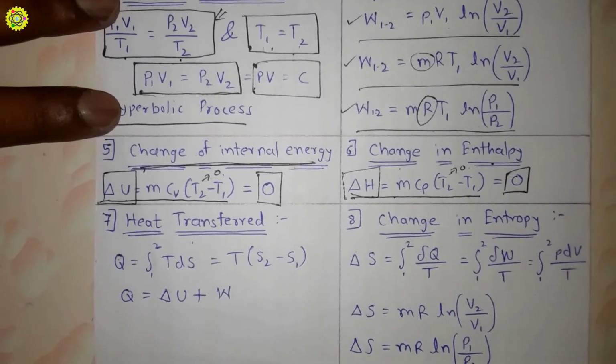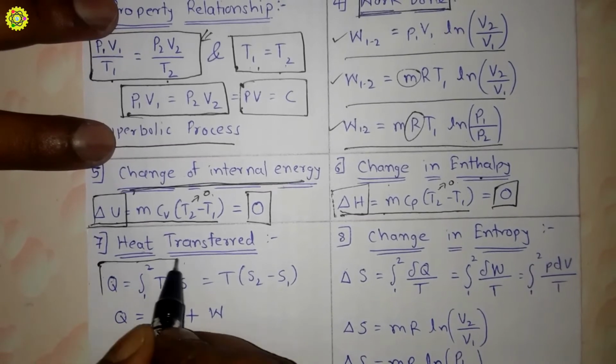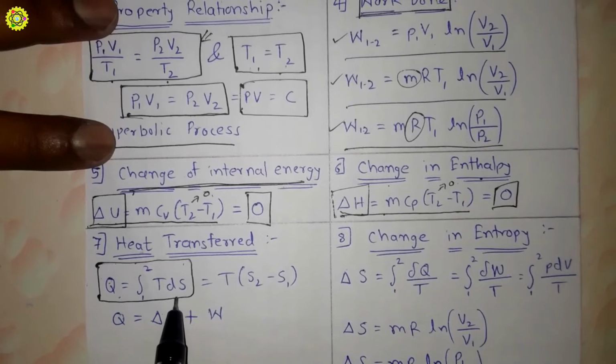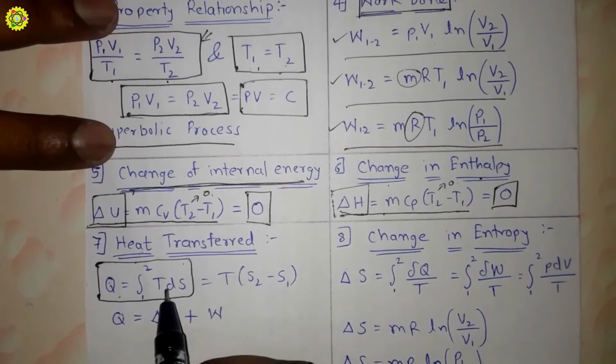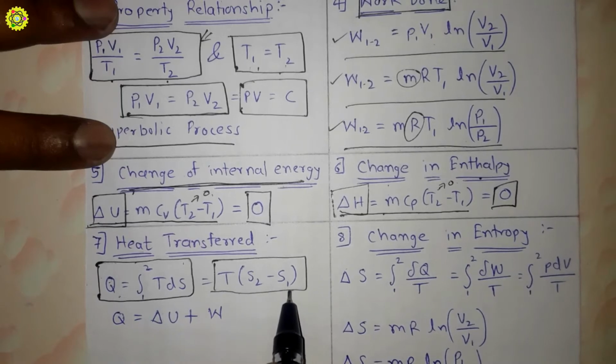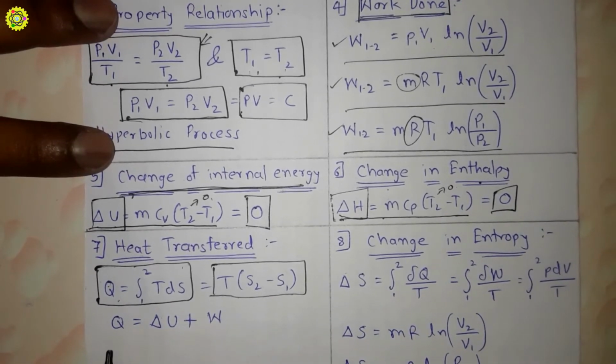Now further here see heat transferred. Heat transfer is given by the equation Q is equal to integration of 1 to 2 T ds. So here after simplifying we will get T (S2 minus S1). So here see Q, that is heat transferred, is given by delta U plus W, that is heat transferred is equal to change in internal energy plus work done.